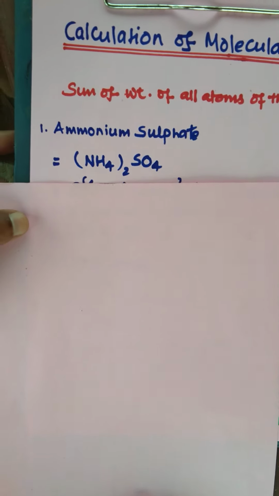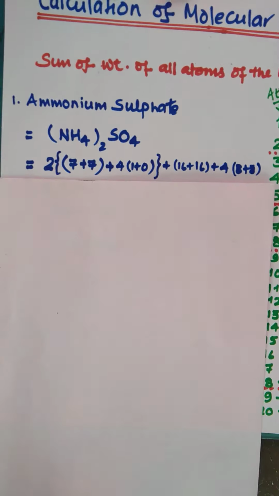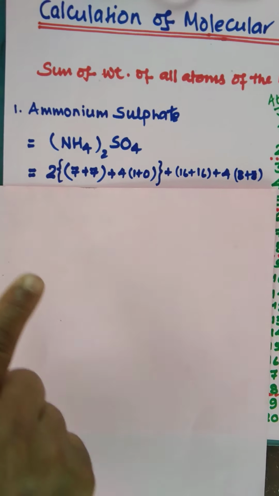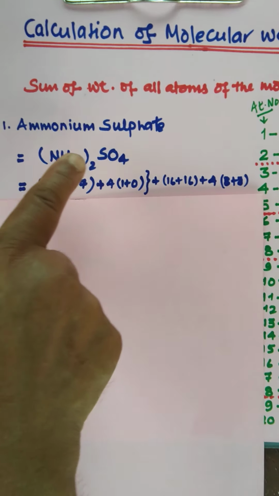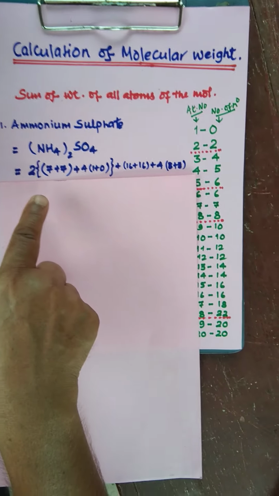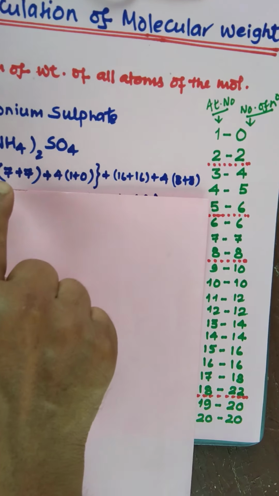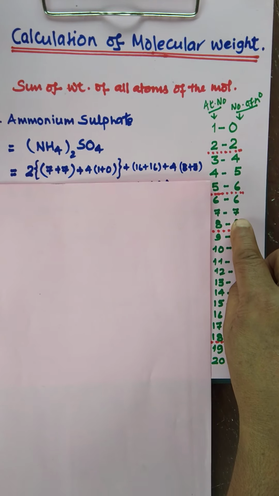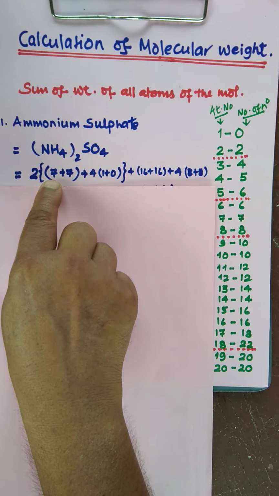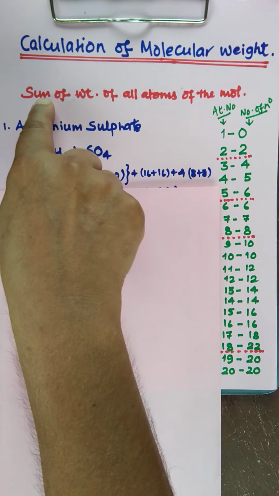Then the first step: you know the weight of an atom is the sum of protons and neutrons. This 2 is here for all: 1 nitrogen and 4 hydrogen. Nitrogen's atomic number is 7, and 7 means there are 7 protons, and here 7 neutrons. So it is proton plus neutron, 7 plus 7, and the sum of it is taken.